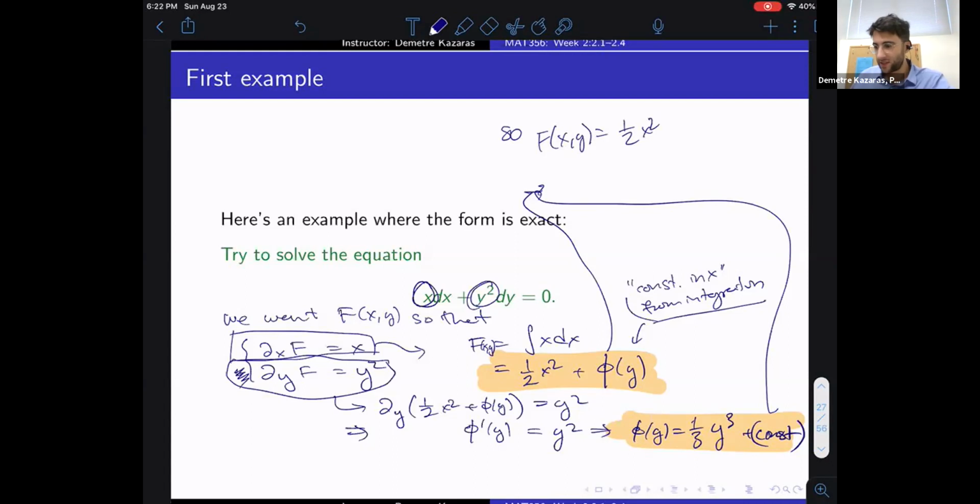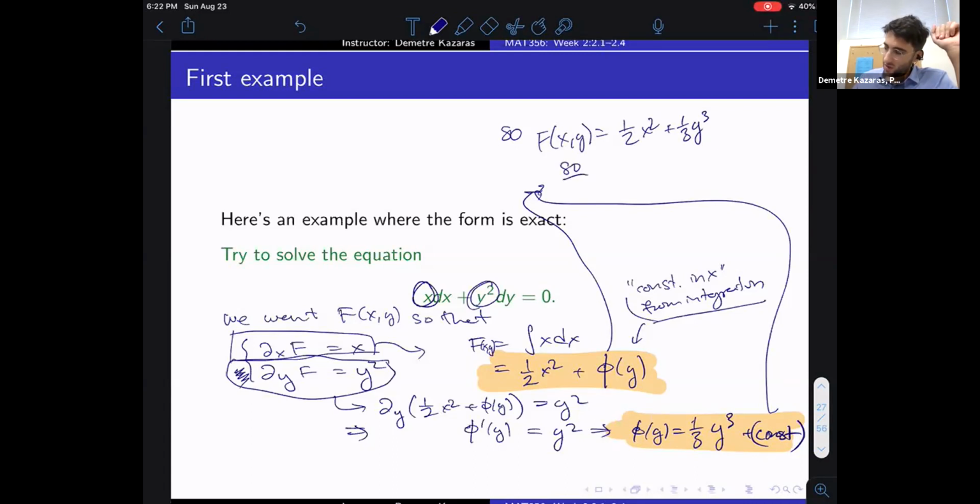We just figure out what phi is. That is 1/3 y cubed. And as I said, the constant is not material in this situation. Anyway, so this is what f is. It's just a function whose total derivative is equal to that left-hand side.